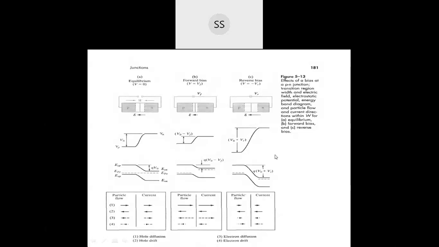What is the reason then? The reason is that this drift current is limited by how often the carriers are swept down the barrier, rather than how fast they are swept across the junction or across the barrier. For example, consider the p-type material.